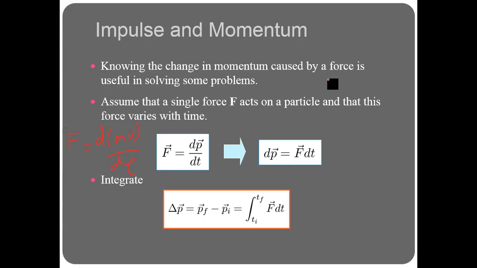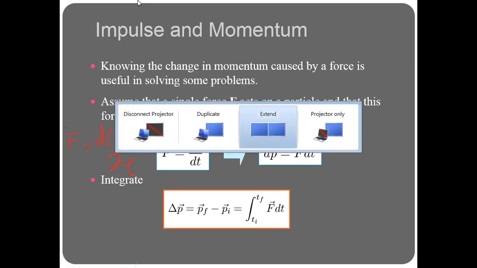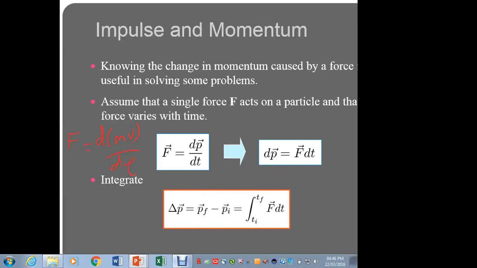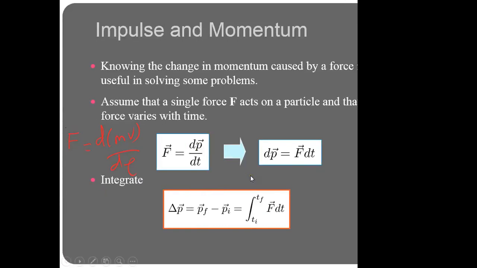So impulse and momentum, knowing F equals dp/dt, if you integrate it, oh, you are seeing this? Why is it so strange? Wonder what they're saying.